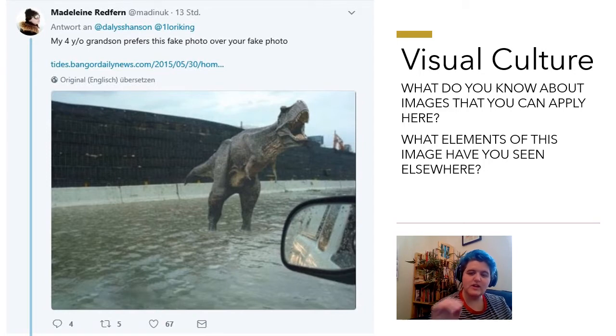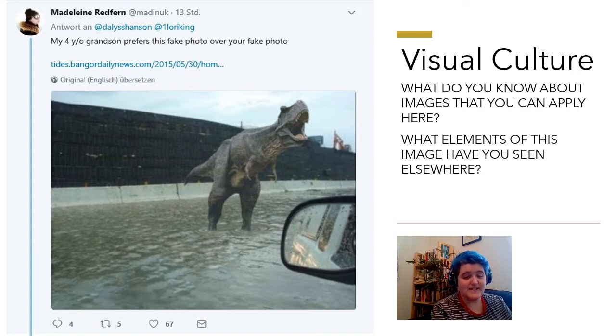So, for example, you know that T-Rexes don't live right now, and so this couldn't possibly be here, right? You know that T-Rexes are from another time and place, and so this must be an altered photo.